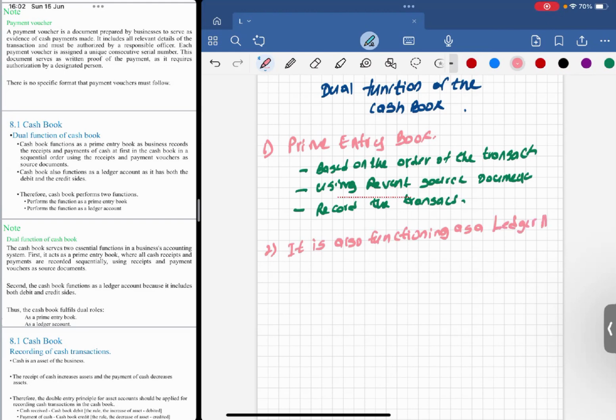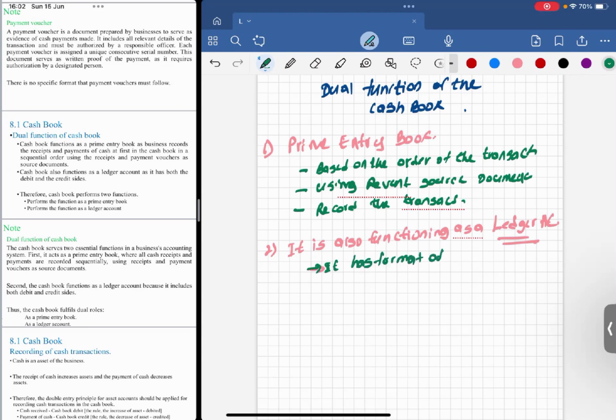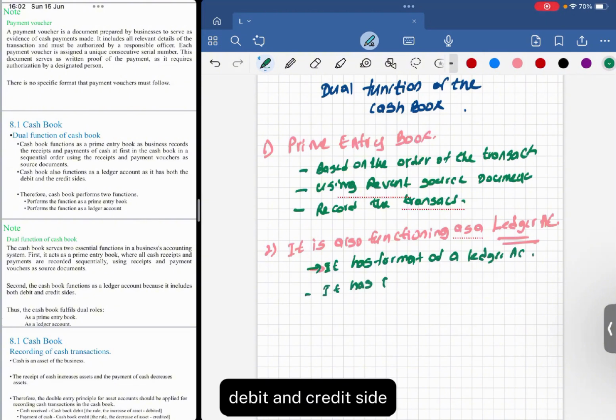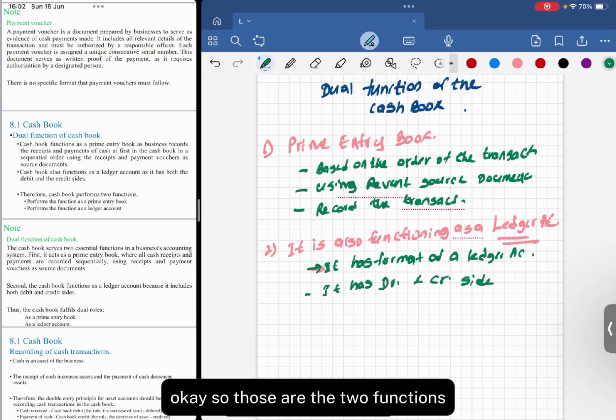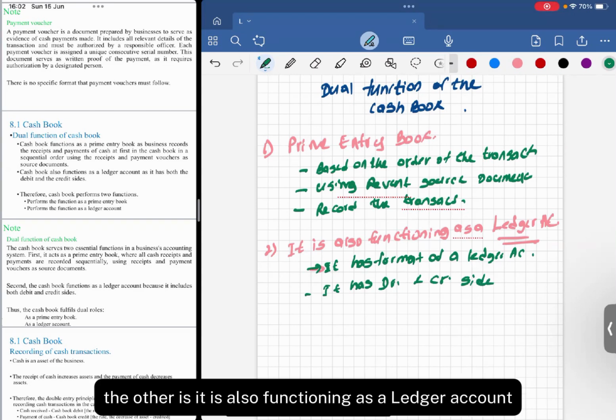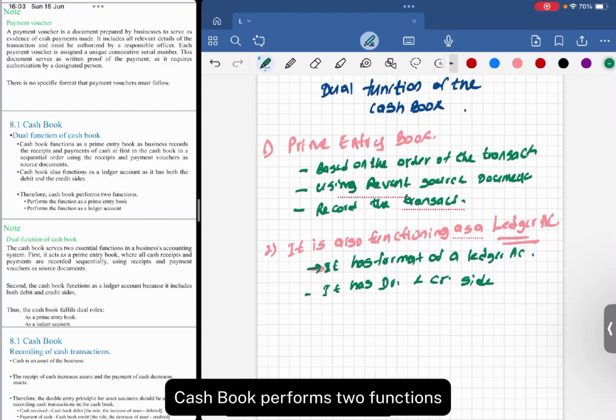That means it has the format of a ledger account, and it has a debit and credit side. Okay, so those are the two functions. One is it will act as a prime entry book. The other is it is also functioning as a ledger account. Therefore, the cash book performs two functions.